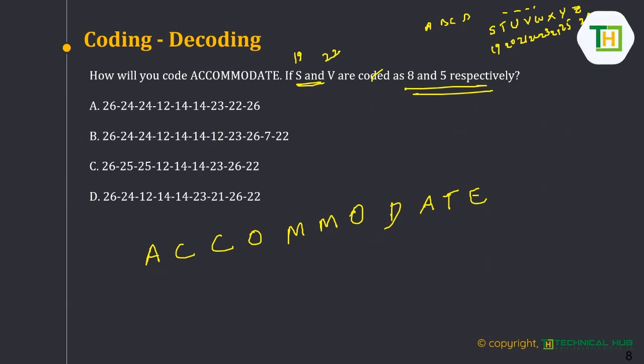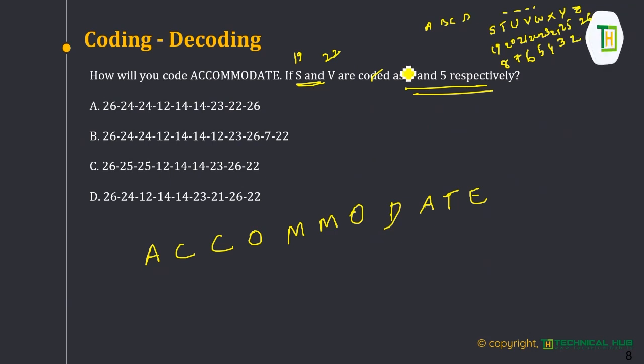I can take the reverse order. Z is the first place, Y is second, X is third, W is fourth, V is the fifth position, U is sixth, T is seventh, and S is the eighth position. If you observe, the alphabet series is taken in reverse order.